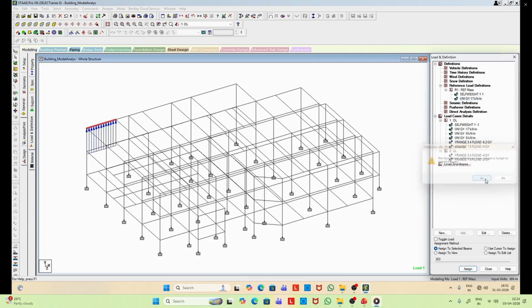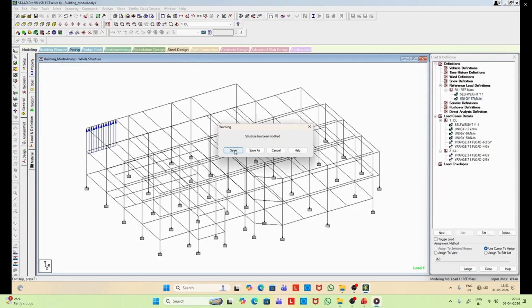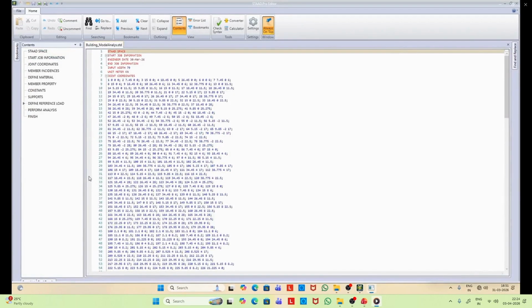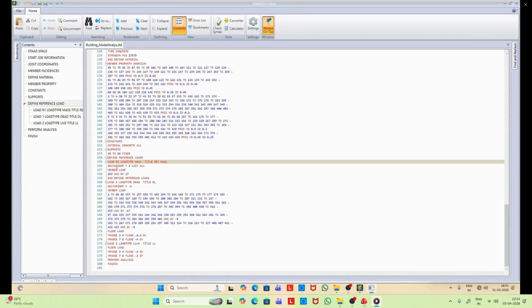So if we apply, it is applied to that beam, but we will not repeat the same way as we did in the previous class. We will do it in a different way. Here you can open the text file for this entire model, and there you can very easily modify and apply for the entire structure. You see here the reference mass is applied.